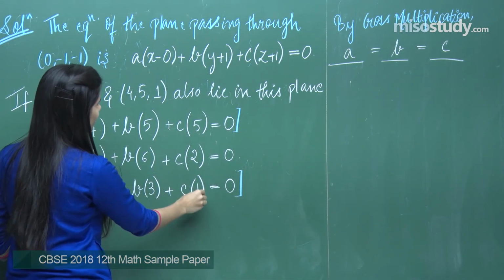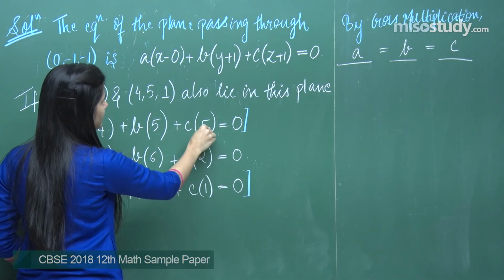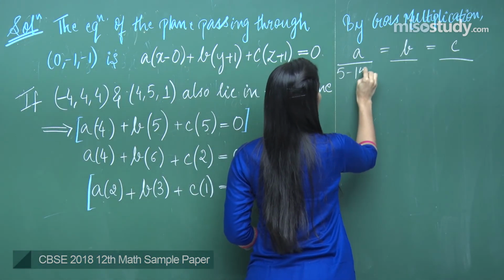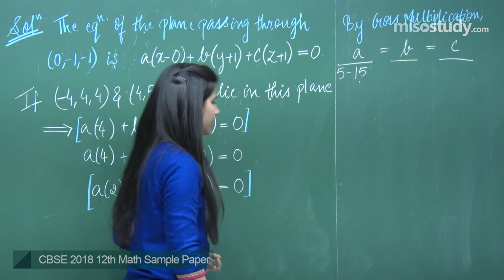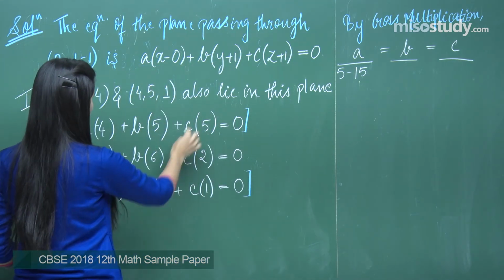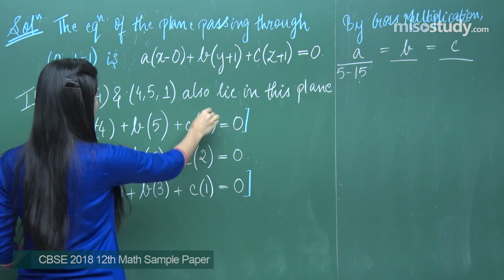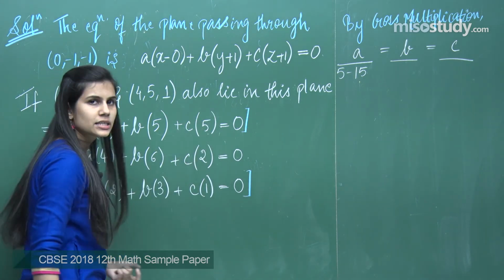You take 5 into 1 minus 5 into 3. Okay? Then you fix the second column. You have 5 into 2 minus 4 into 1. So, you have 5 into 2 plus 4.